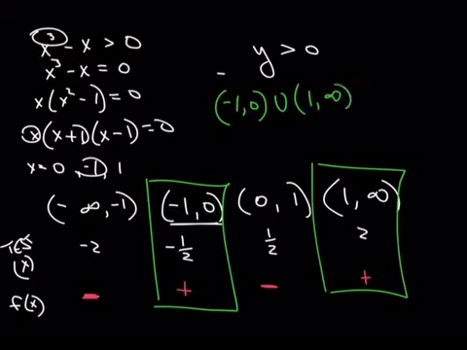Or if you want to write it in set builder notation, which I suggest you do both ways, it is just a good reminder if you ever take calculus or another upper level math course. Being able to do that in both interval notation and set builder notation is always good to practice. Alright, so there we go. That's example number 2.